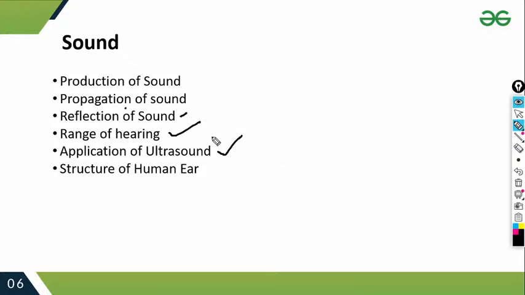That is basically an application of ultrasound. So we are going to see that. And finally we are going to see the structure of the human ear. So how sound waves get inside the human ear, and how humans are able to hear basically. So we are going to see that in the last section of sound. That will be everything that we are going to cover in the last chapter of sound.